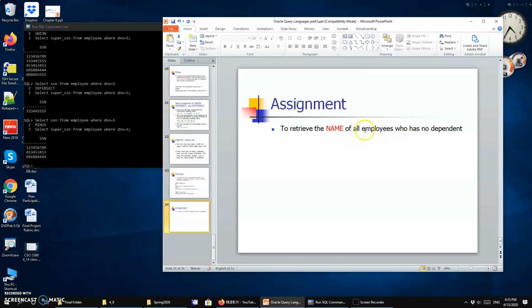So you basically need to find all employee social security numbers and do something with the social security numbers you can retrieve from the dependent. So think about this. This is actually a very interesting question that you will be able to practice the set theory operations with. That would be all for the class today.